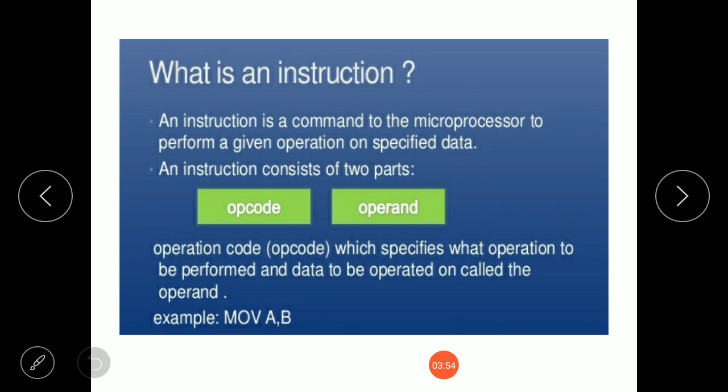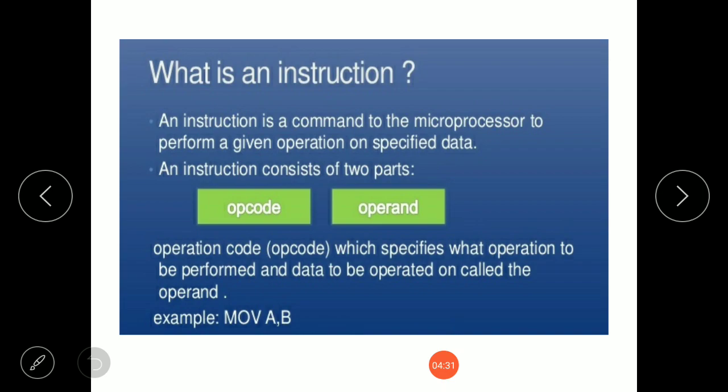So what is opcode and what is operand? The instruction of a microprocessor consists of two parts: opcode, that is operation code, and operand. The first part, opcode, specifies the task to be performed by the computer, and the second part, operand, tells about the data that is to be operated on.